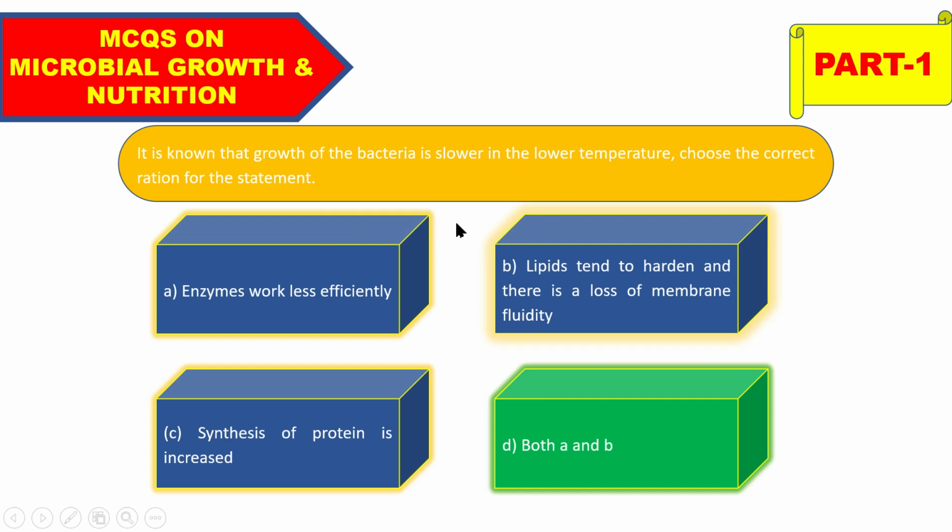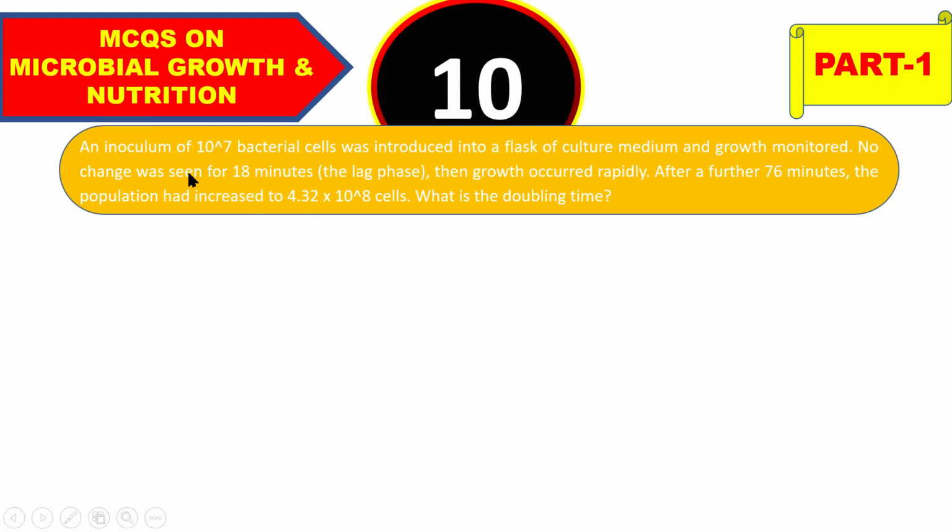Okay, so next question देखते हैं। एक मैथमेटिकल और न्यूमेरिकल क्वेश्चन है, यह है: an inoculum of 10 to the power 7 bacterial cells was introduced into a flask of culture medium and growth monitored. No changes were seen in 18 minutes, that is the lag phase. Then growth occurred rapidly.